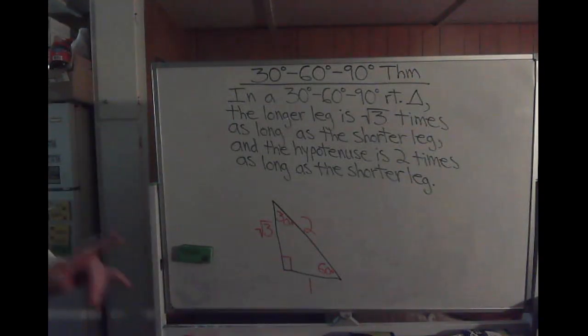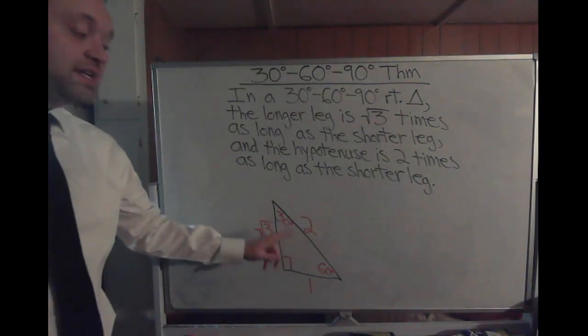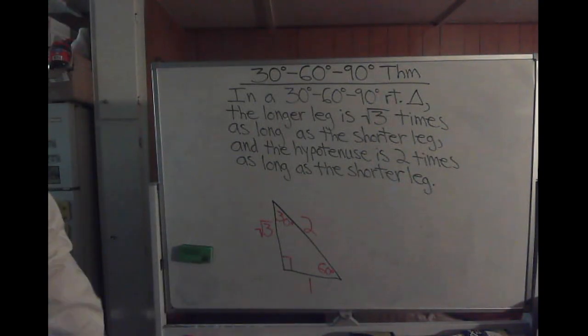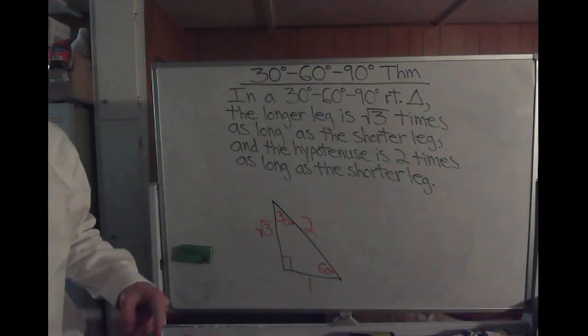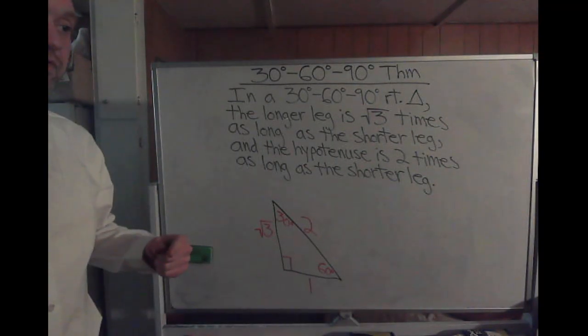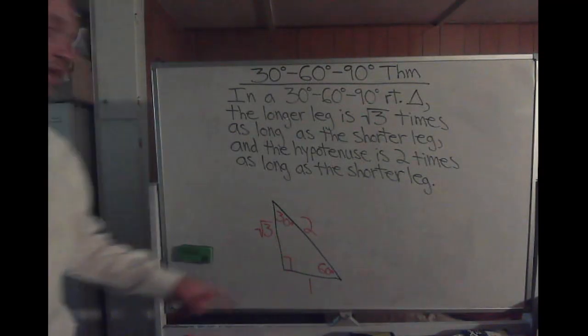So now we have the second special type of right triangle, which is a 30, 60, 90 right triangle, which is what it sounds like. It's a right triangle having a 90 degree angle, where then you have an acute angle of 30 degrees and an acute angle of 60 degrees.